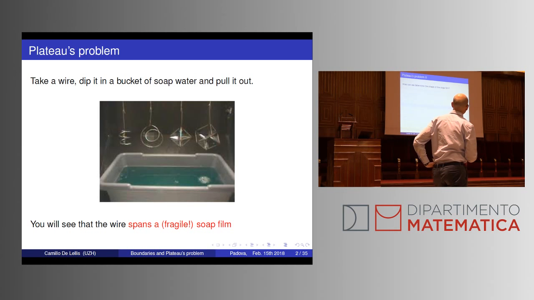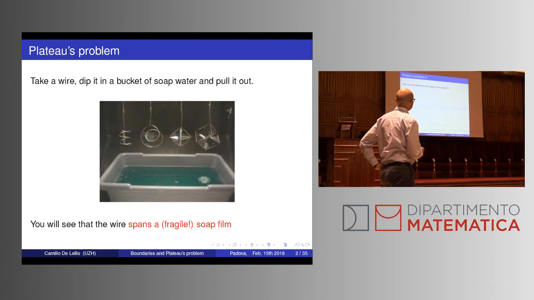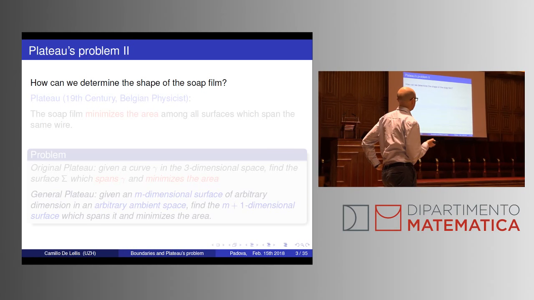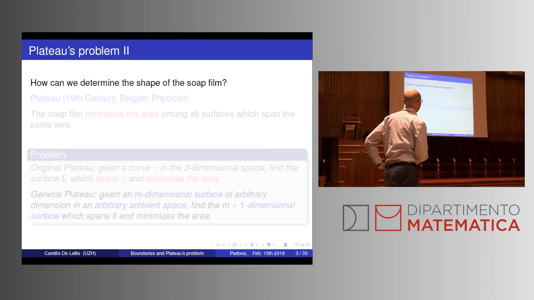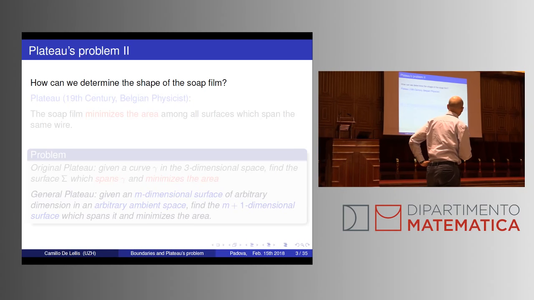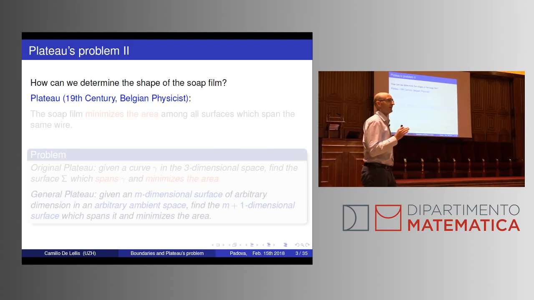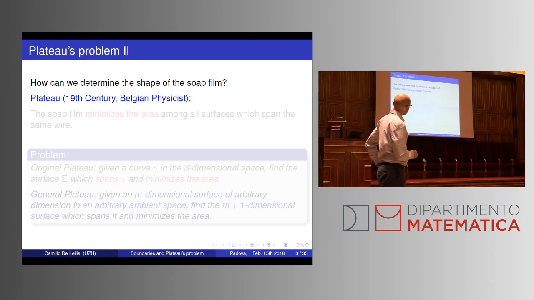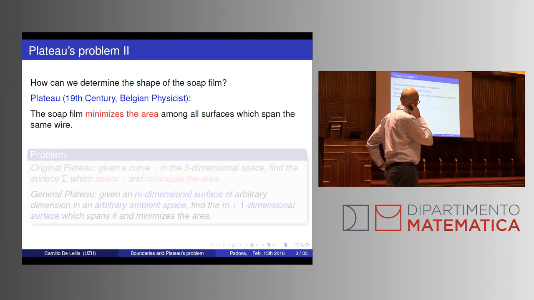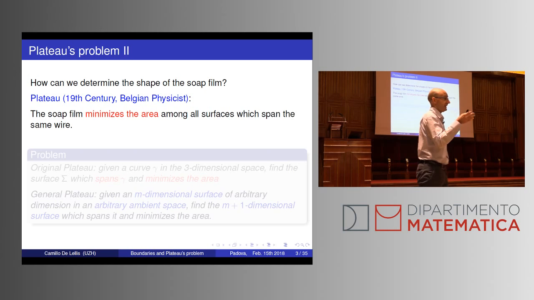So the mathematical question that goes under the name of Plateau's problem is, how can we determine the shape of the soap film? The contribution of Plateau, who was a Belgian physicist working in the 19th century, was to give a very nice and elegant answer to this problem. If you look at the surface which is realized by a soap film, you will actually find a surface which minimizes the area among all possible surfaces which span that same wire.